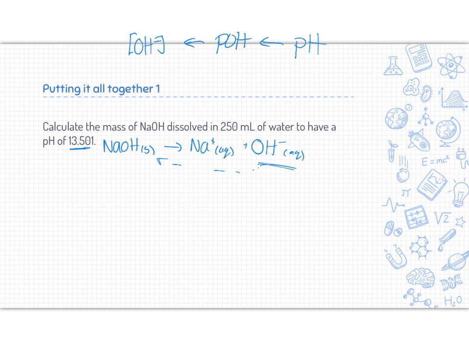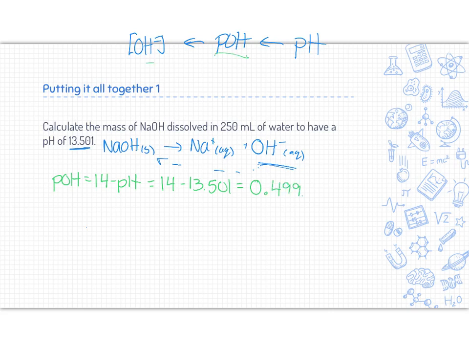So let's start there. Let's convert this from a pH to a pOH. So pOH is equal to 14 minus our pH, which is 14 minus 13.501. And I get a pOH of 0.499.